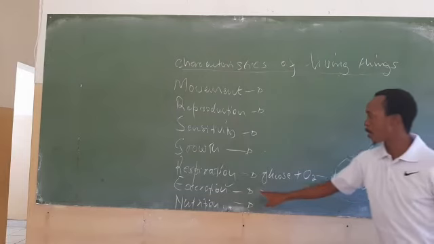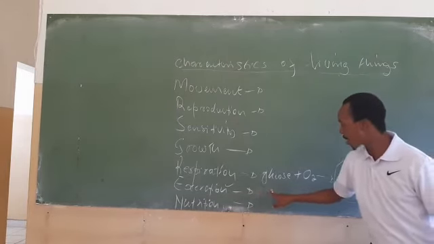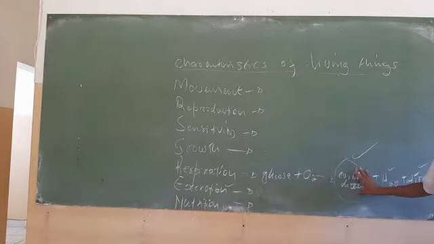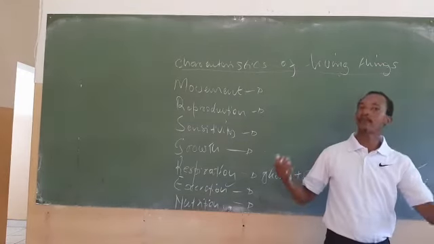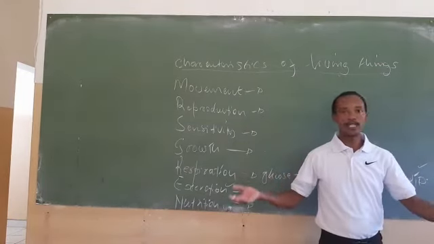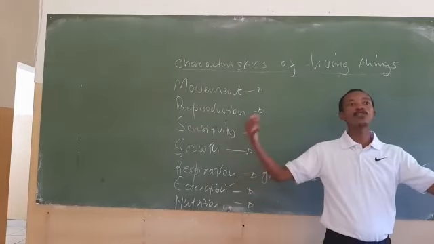You see that? Therefore, excretion is the removal of unwanted and toxic substances as well as materials in excess in the body system. Just like you were in a party the previous day, right? Then you were eating a lot of things, taking them into your body.